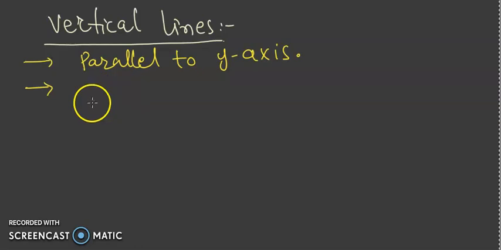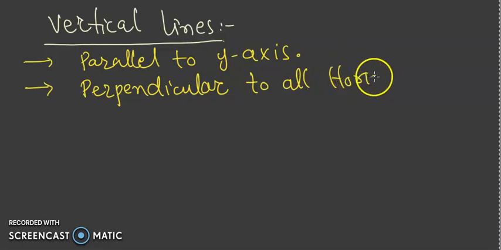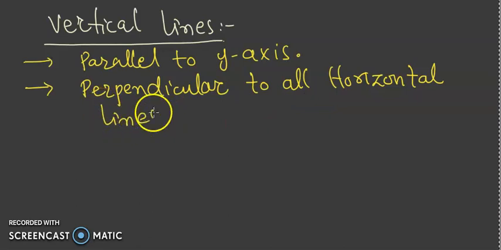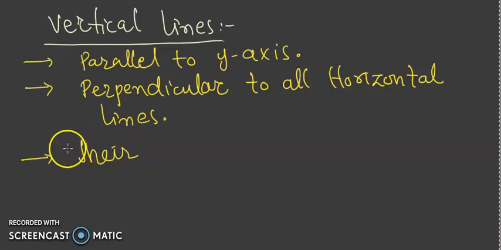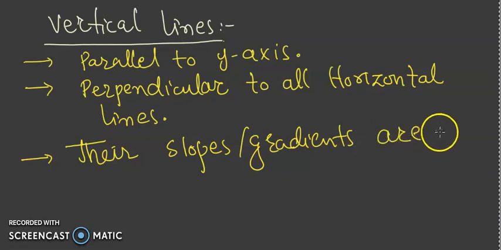These lines are perpendicular to all horizontal lines. Their slopes, I mean the gradients, are not defined.